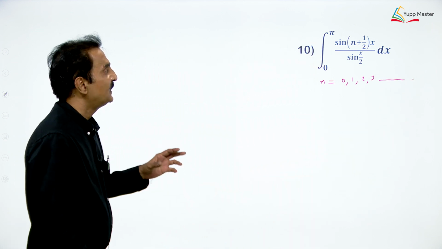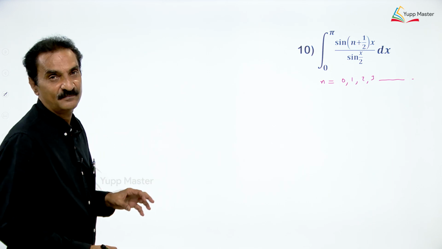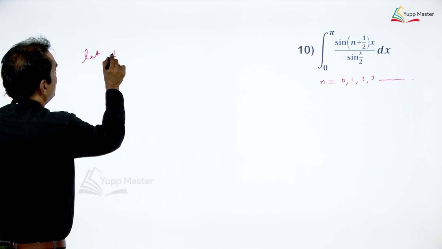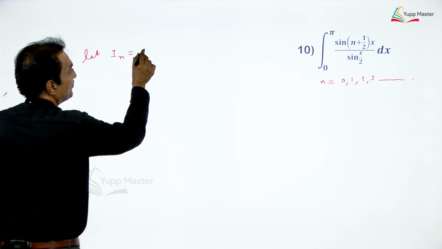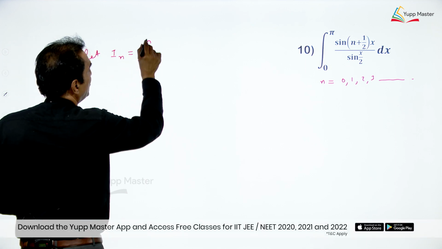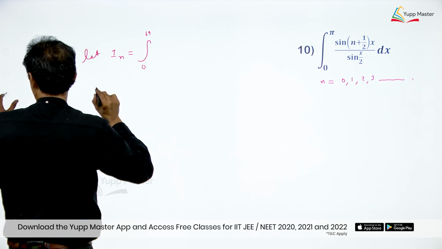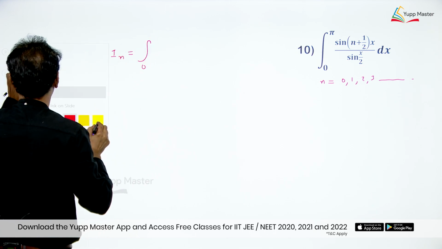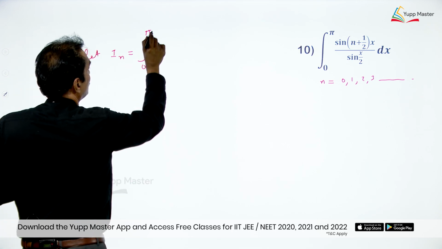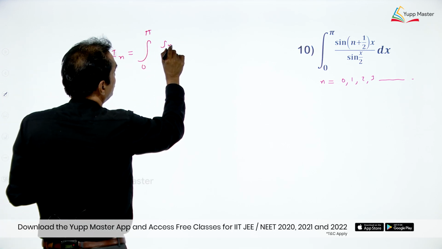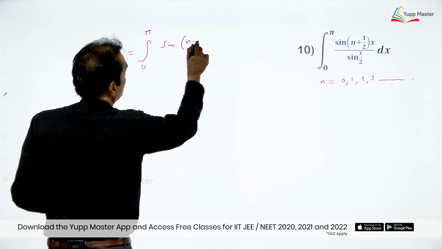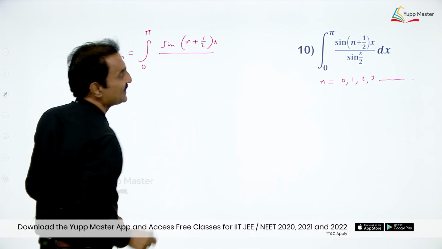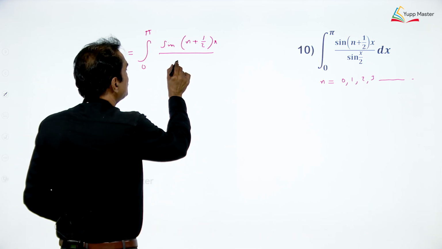Now, let us denote it by In. Let In be equal to integral 0 to pi sin of n plus 1 by 2 into x upon sin x by 2.